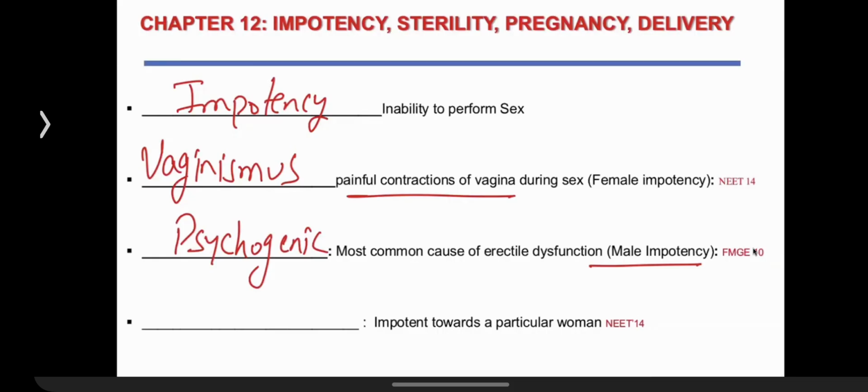Impotency towards a particular woman is quad hank.